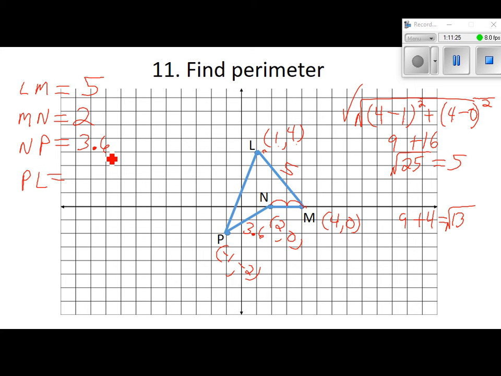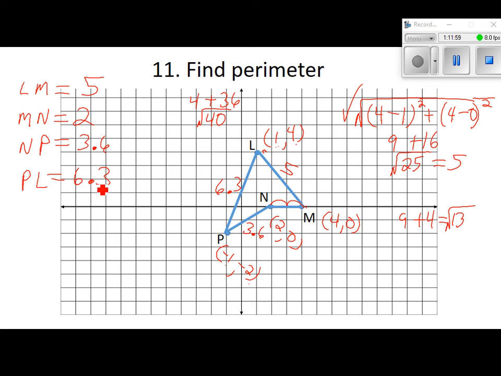PL, I'm going to do the same thing for PL. Just looking at it, 1 minus a negative 1 is 2. 2 squared is 4. 4 minus a negative 2 is 6. 6 squared is 36. 4 plus 36 is 40. Got to take the square root of 40, so grab your calculator, second square root 40, and you get about 6.3. So that segment is about 6.3.